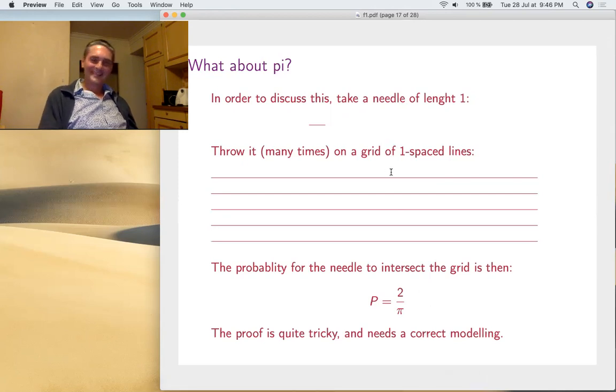And the proof, actually, that's an excellent exercise because there are many ways of modeling these things. Either you take the middle, let's say, of the needle and then the angle, or many other things that you can use as coordinates. And this gives different answers. There's only one good answer. Even if your computation is correct, if you don't get 2 over pi, you're completely wrong.